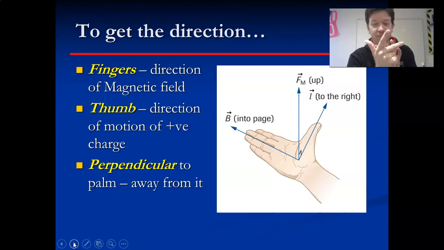Okay, and remember we're doing conventional current, so you can imagine this as being the velocity of a positively charged particle, right? Here's the direction of the magnetic field, B, and the direction of the force is here, all right? Notice that all three vectors are perpendicular to each other. Or, well, mainly the most important thing is that our third vector here is perpendicular to both our first two vectors.